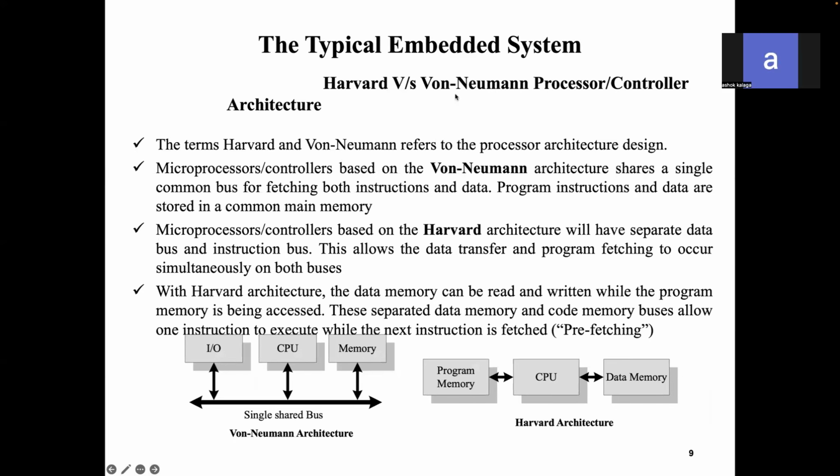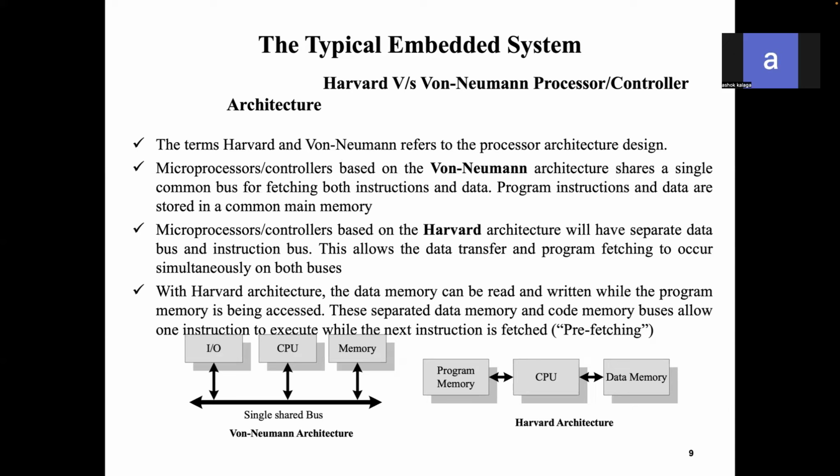Now we will discuss the Harvard versus the Von Neumann architecture. These are the two different processor architectures. There are two memories here. First one is the program memory and second one is the data memory. Program memory is the memory where the instructions are stored and data memory is the memory where the operands are stored. We can use the Harvard or Von Neumann architecture for any processor or controller.